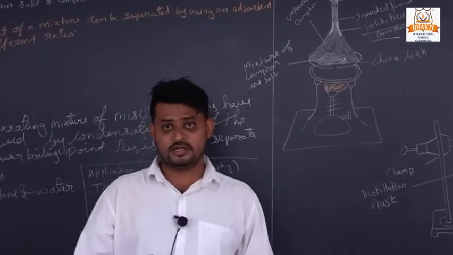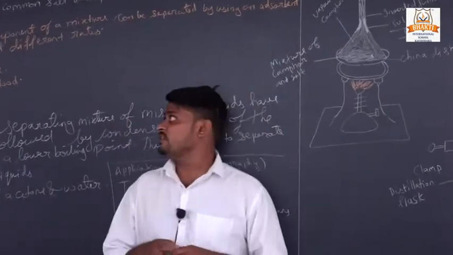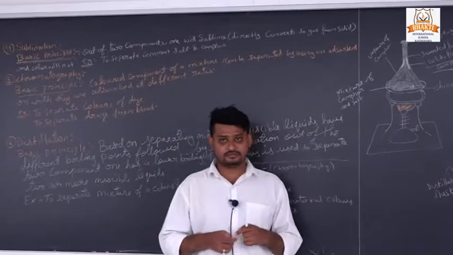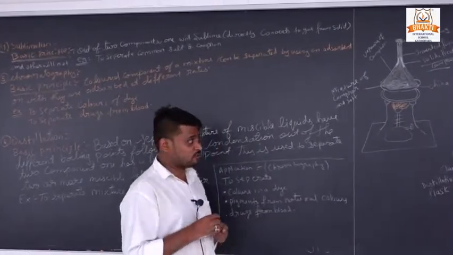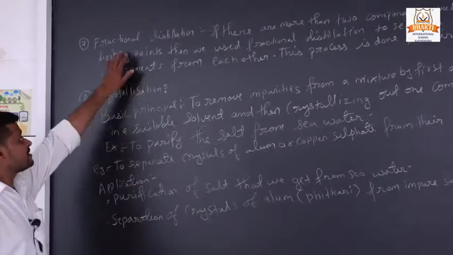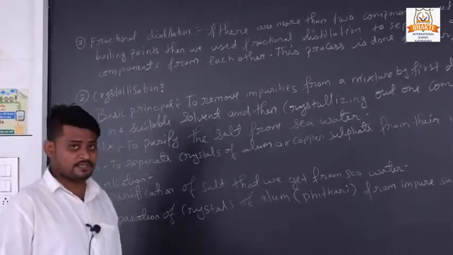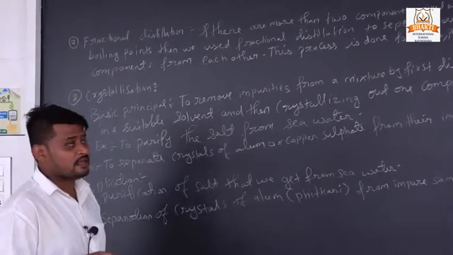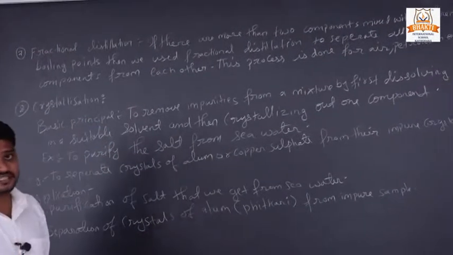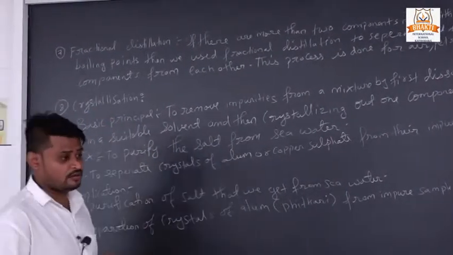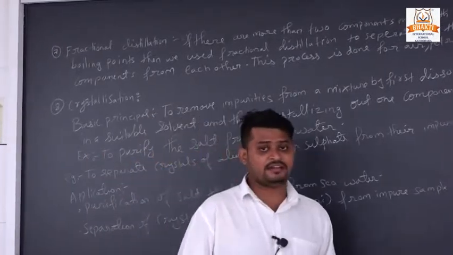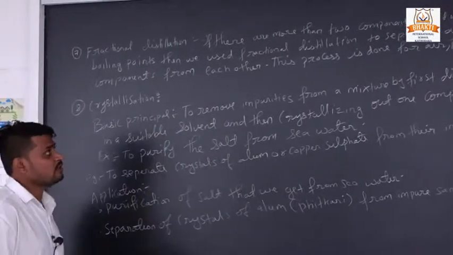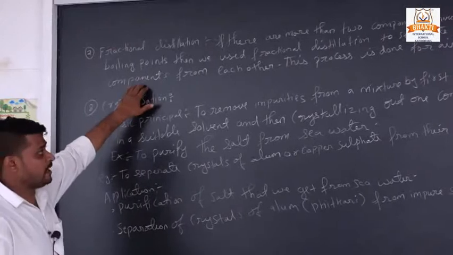So today we will study another three methods of separation, that is sublimation, chromatography and distillation. We will continue with our next topic. This is our seventh method of separation, fractional distillation. In fractional distillation, more than two components with different boiling points are mixed. We raise the temperature step by step, and we get different components at different temperatures.